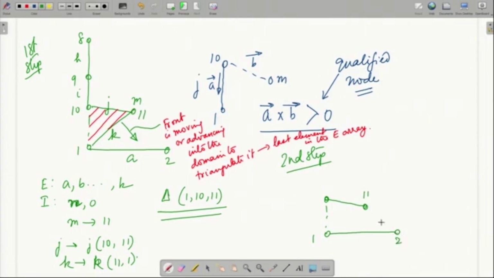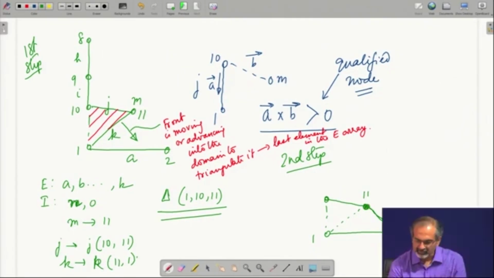You will find that if you do the calculations, the most qualified node will turn out to be the node 2. As I said earlier, we have more emphasis on connecting internal nodes, but that does not mean we leave apart the boundary nodes. We will not be able to triangulate the domain very well if you do that. So, it is both internal as well as boundary, and now comes an instance where we have chosen a boundary node.